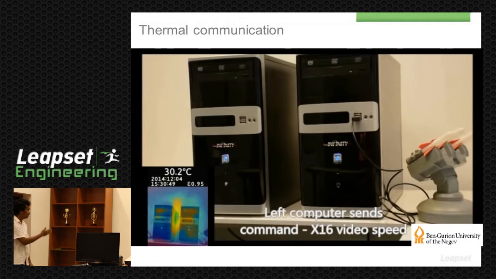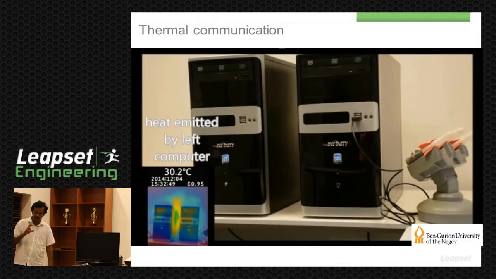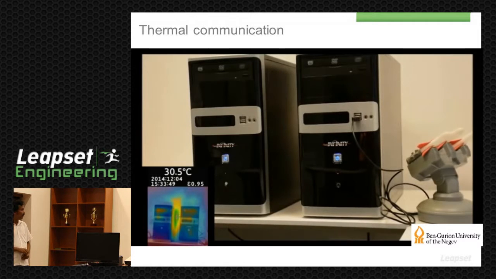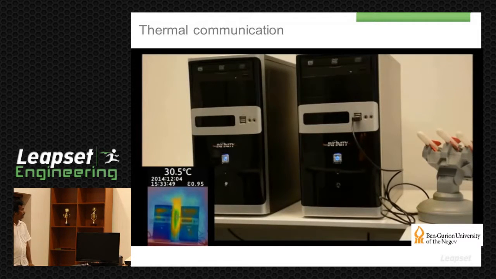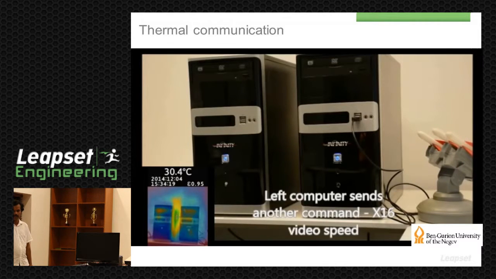These computers have built-in heat sensors. If you run a heavy process in the processor, the heat goes up. If you lower the processor load, the heat goes down. And that heat can be detected by the sensors installed in the motherboard of the nearby computer.